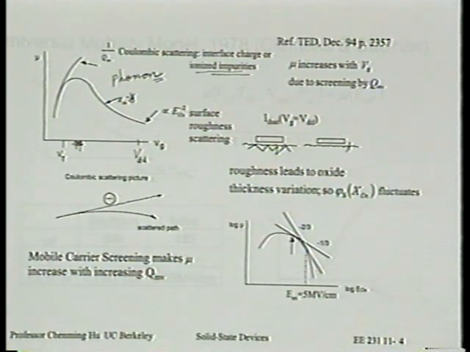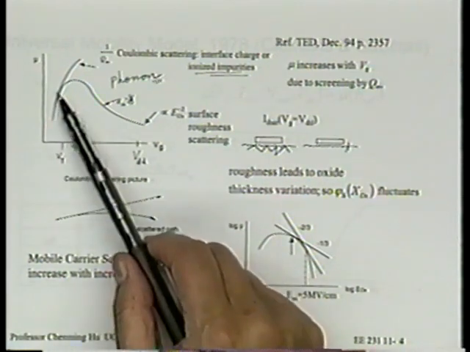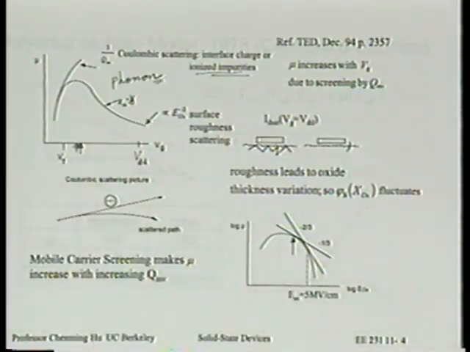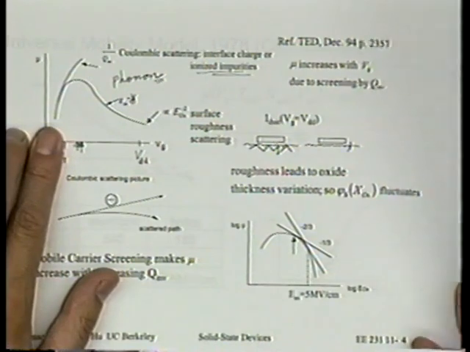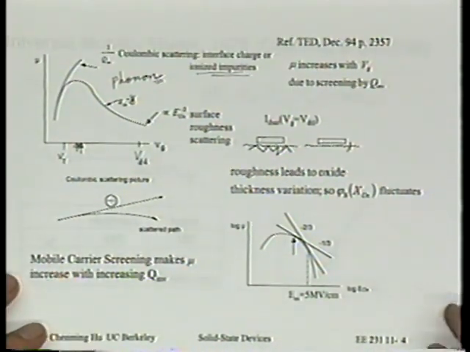Does everyone agree that's what's responsible for the mobility fall? Okay, any question? The mobility falling with falling VG is the expected behavior of screening. When we don't have mobile carriers to screen these Coulombic centers, then mobility will be very low. Okay? All right.